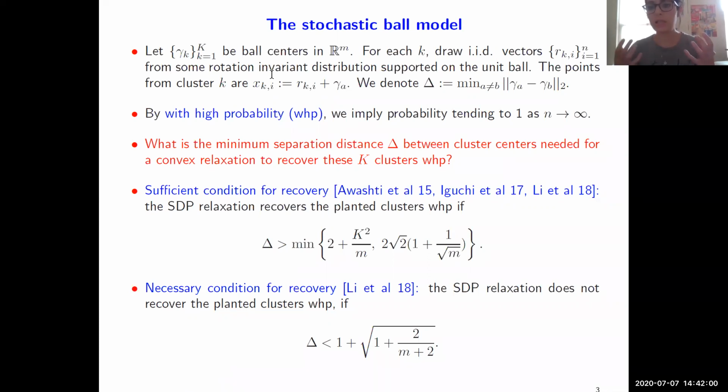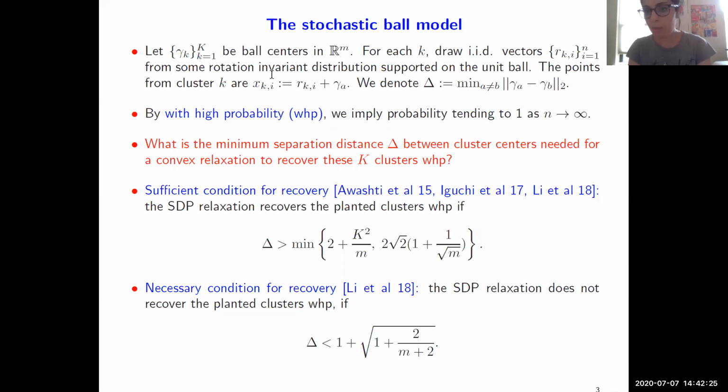Here you're assuming that the data points in each cluster come from a uniform distribution in a ball of radius 1. And then you're asking how far apart should those balls be so that my optimization algorithm recovers those underlying clusters with high probability.